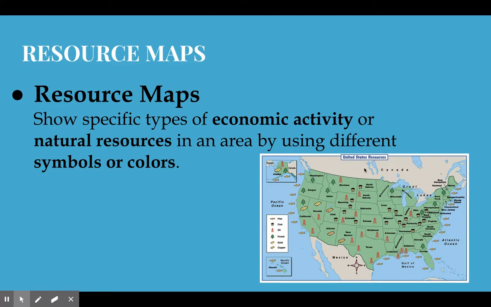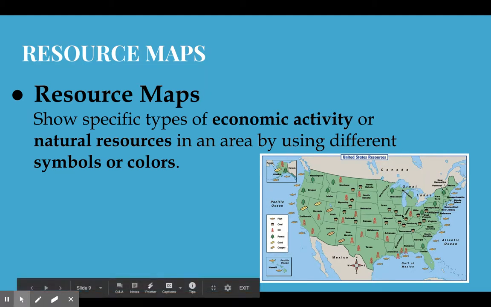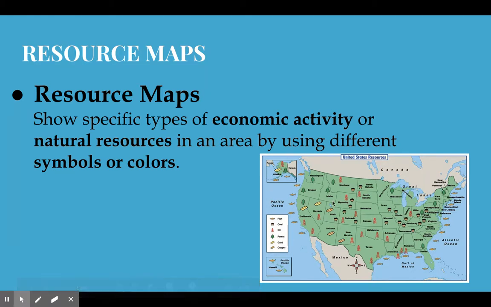Look for the obvious things. And then on the map, it shows you where there's a lot of fish and coal and oil, where there's forest, gold, and copper. These are resources that people use to sell. So we can look on the map and look at New York and we have trees. And look at all these little fishies on the coast.